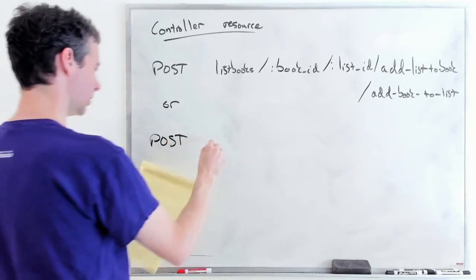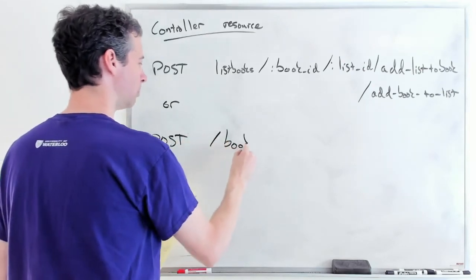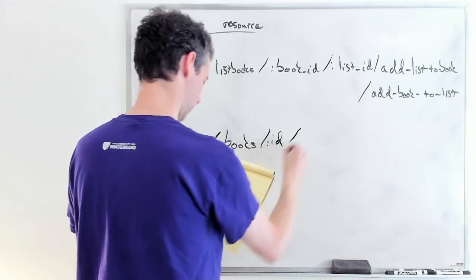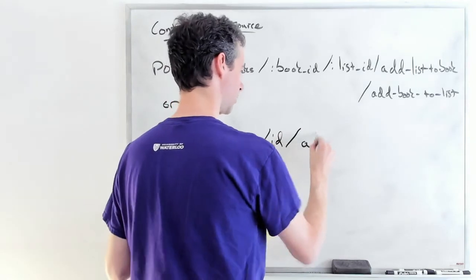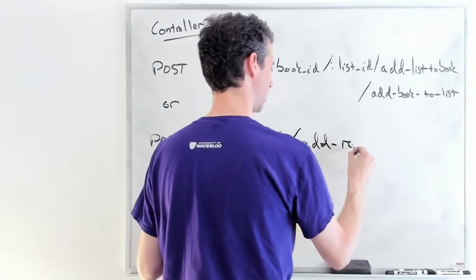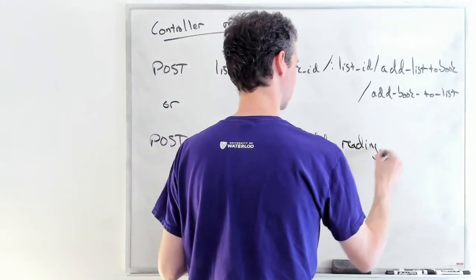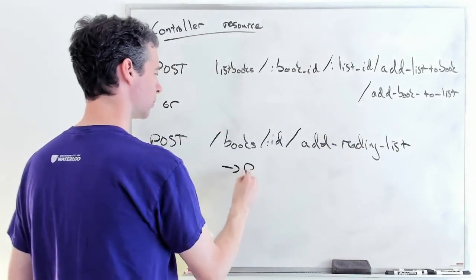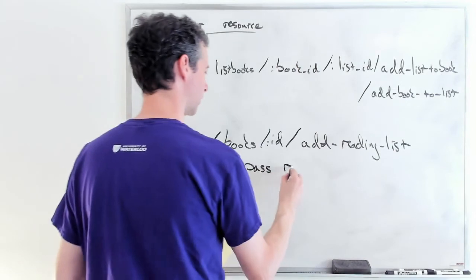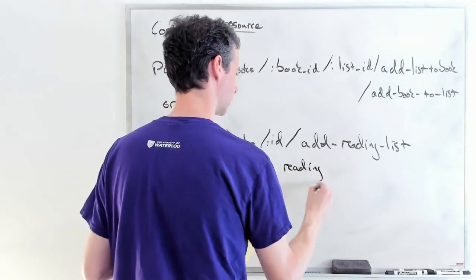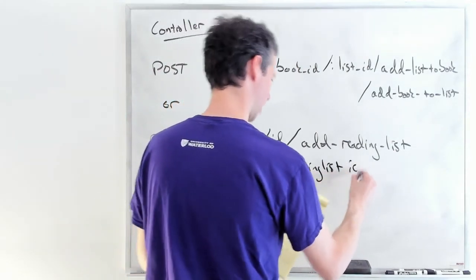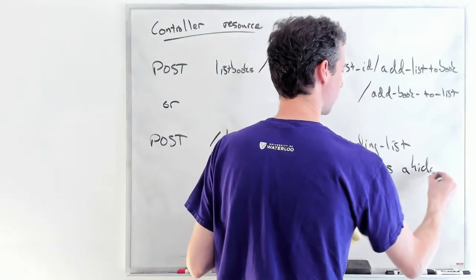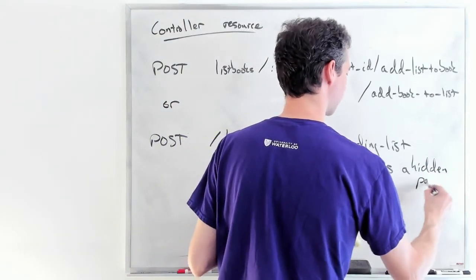We could end up with, we could post to books, and we have the ID of the book. And then we could say that we want to add a reading list. And then what we do is we pass the reading list ID as, maybe it's a hidden parameter or something, but it's in the form.